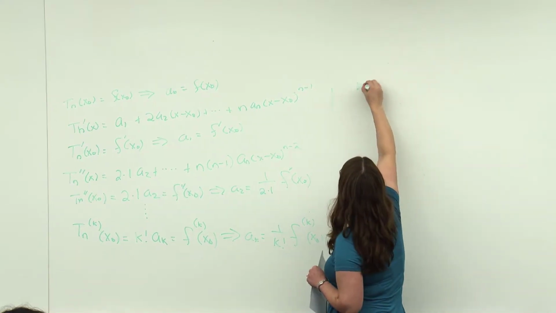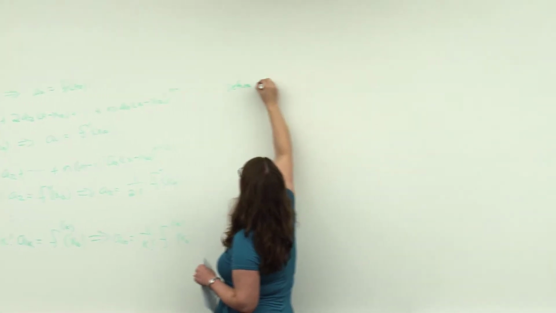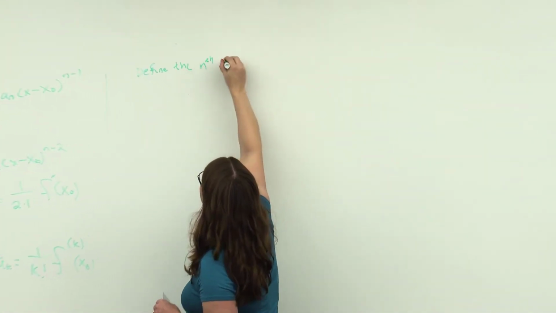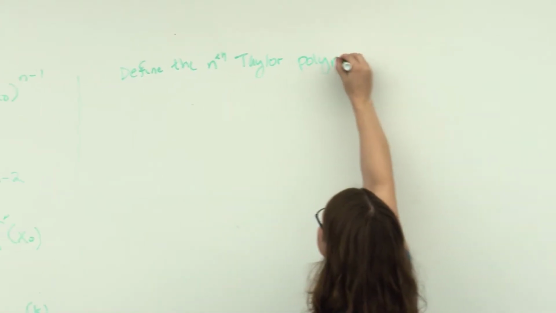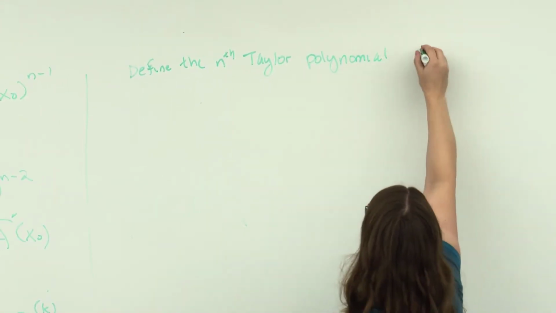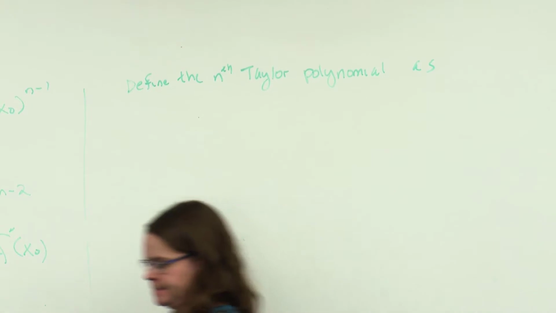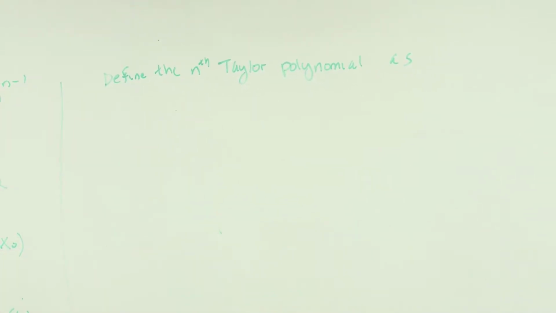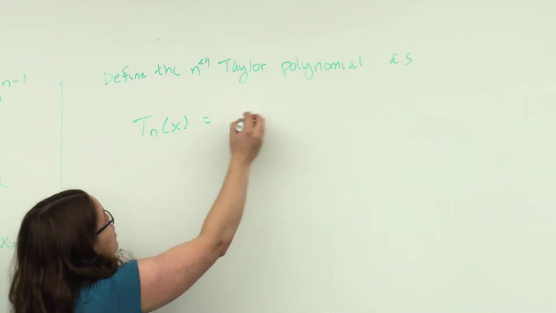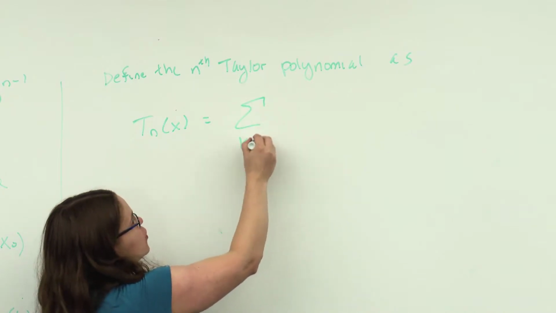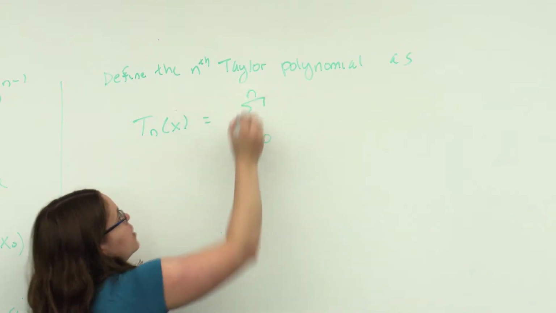So let's define the nth Taylor polynomial as exactly what we get when we plug in these coefficients. So Tn of x. Now we're going to start from a 0th order term, that's our constant, and go up to our nth order term.